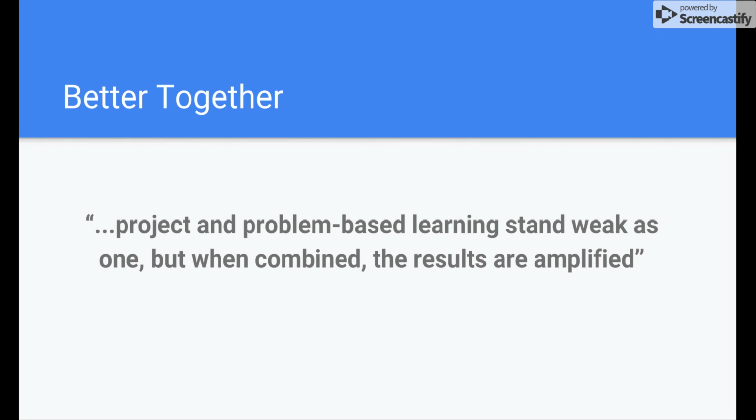Project and problem-based learning stand weak as one, but when combined, the results are amplified. My examples show how project-based and problem-based learning can work together.